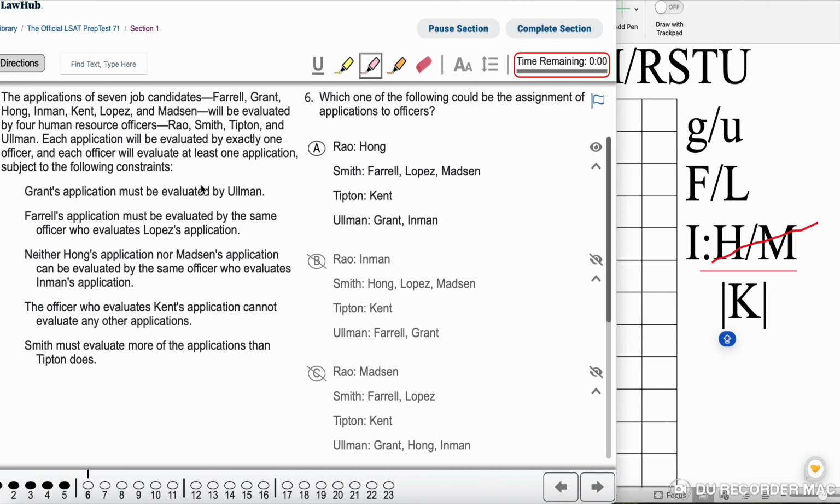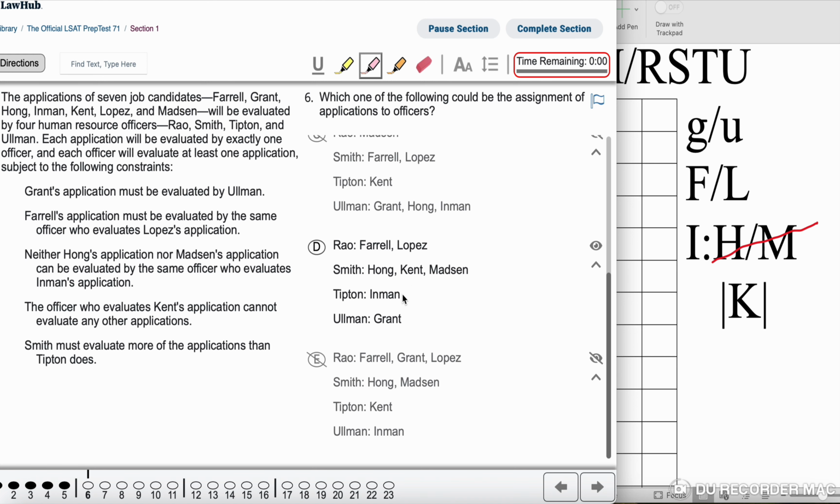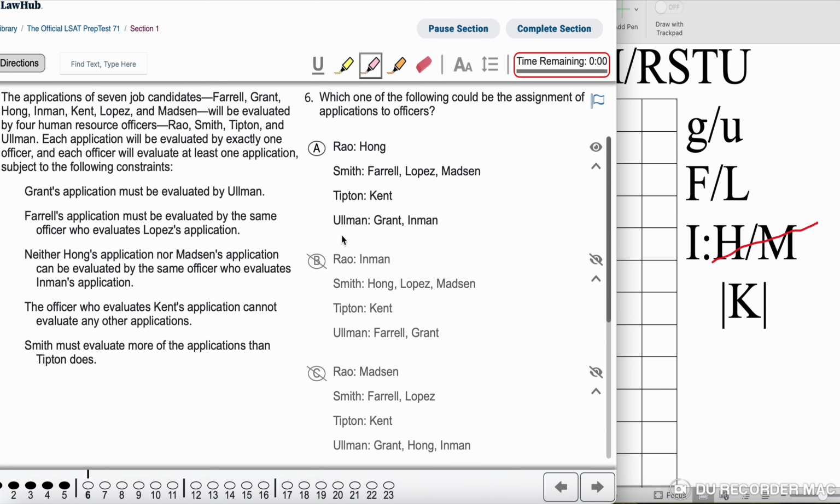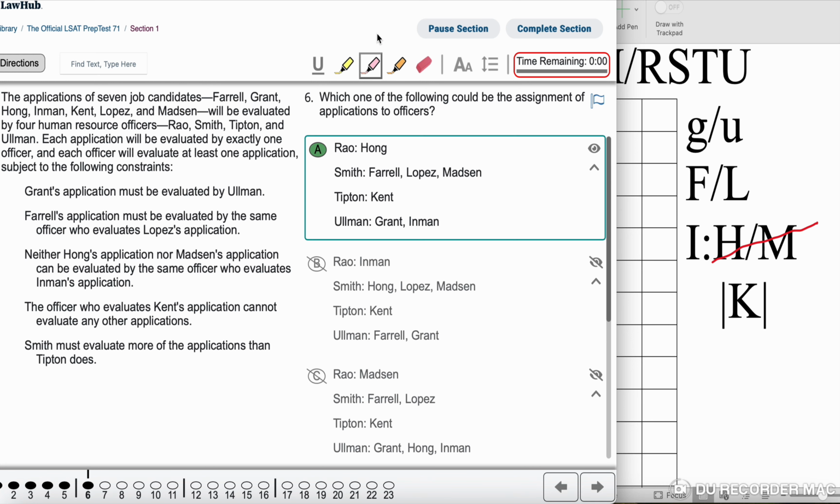So K needs to be by itself. K is by itself in A, and K is not by itself in D. So process of elimination brings us to choice A. Answer A.